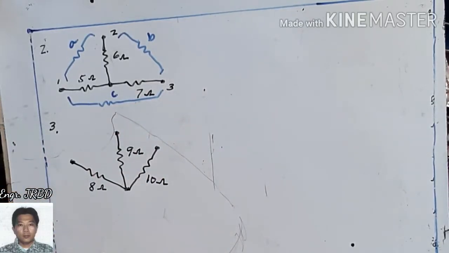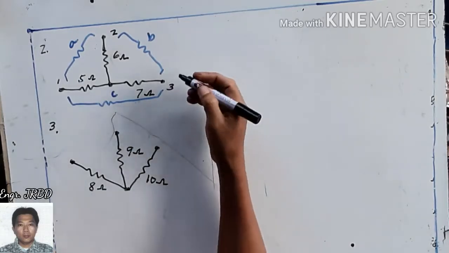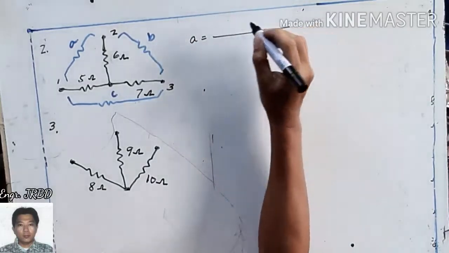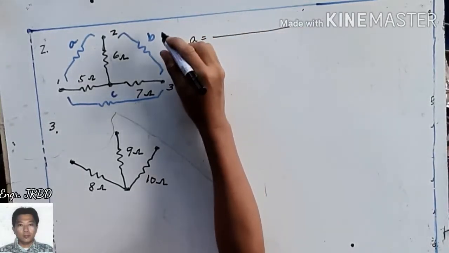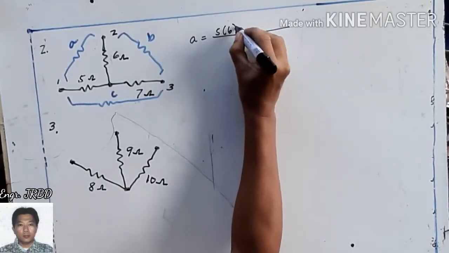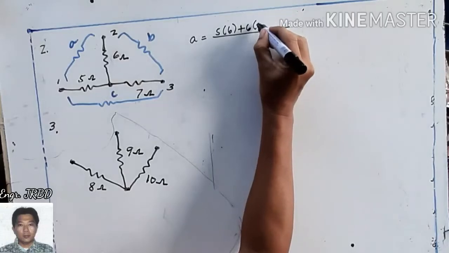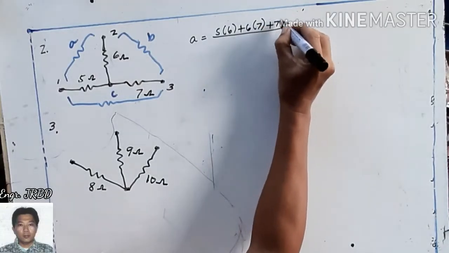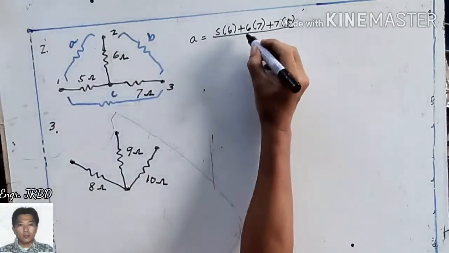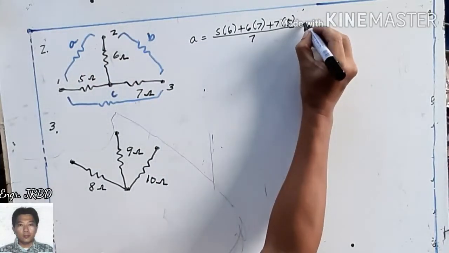Let us try to recall the rule in Y to delta again. The rule for Y to delta is sum of the products of the Y connected legs taken 2 at a time. So taken 2 at a time, 5 times 6 plus 6 times 7 plus 7 times 5 divided by the opposite leg, that is 7 ohms.